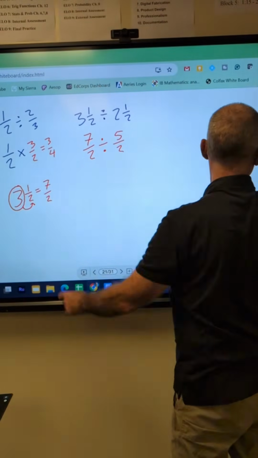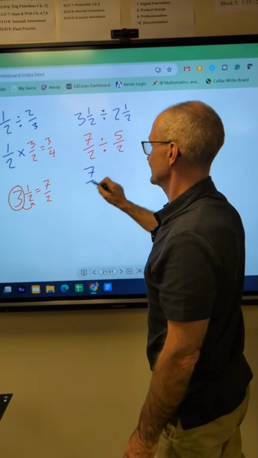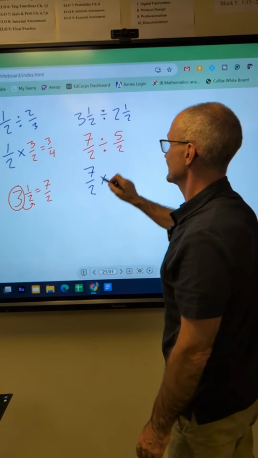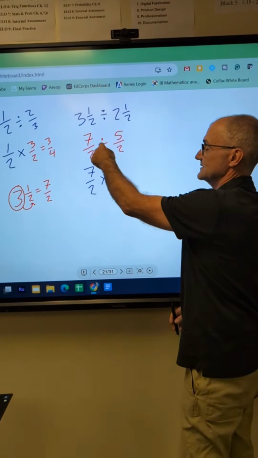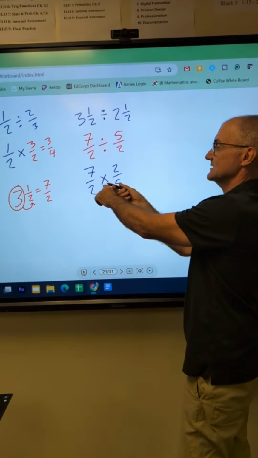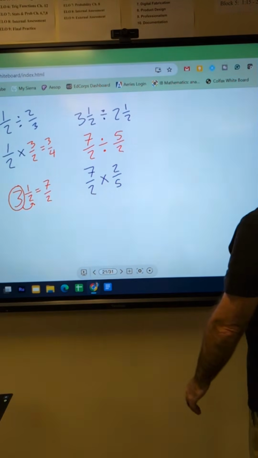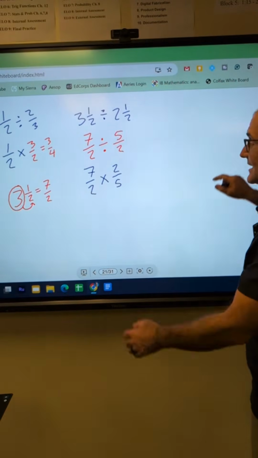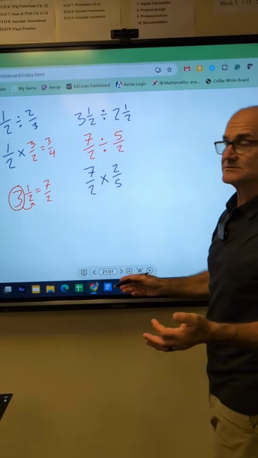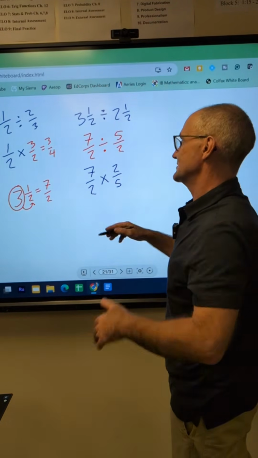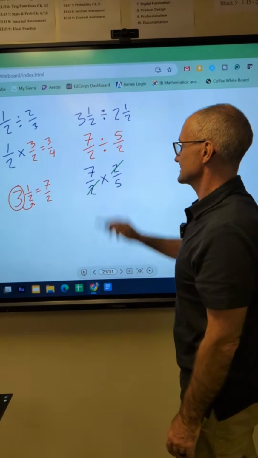Now is when I'm going to use that multiplication. So I'm going to take 7/2 times the reciprocal of 5/2, which is 2/5. Division is the same as multiplication with the second term flipped over. Now that I have that, I can multiply across the top, across the bottom to get 14/10, or I could reduce. Reducing early on will always be easier. 2 and 2 will cancel.